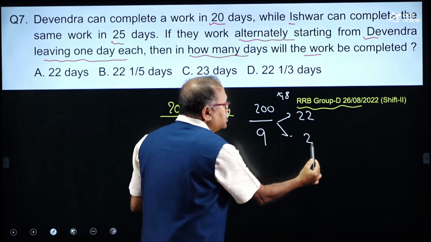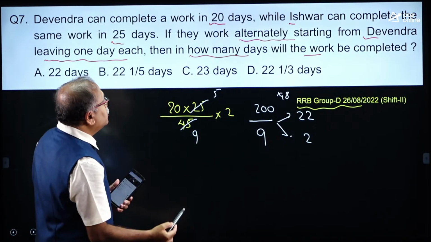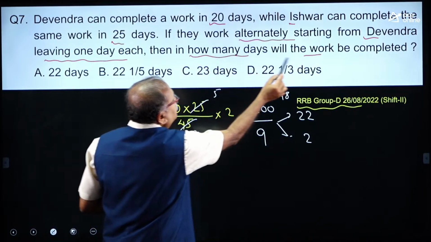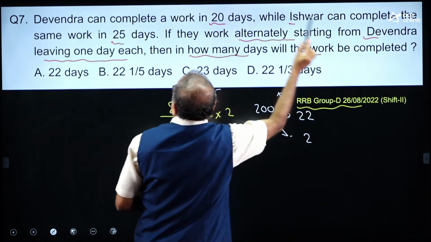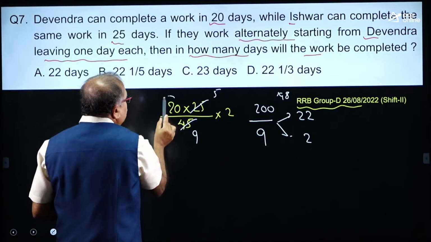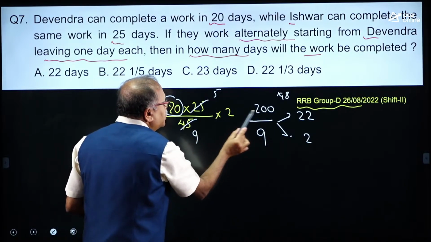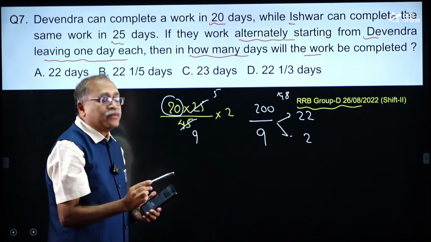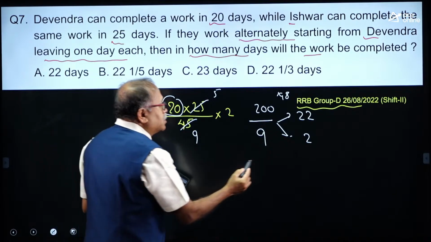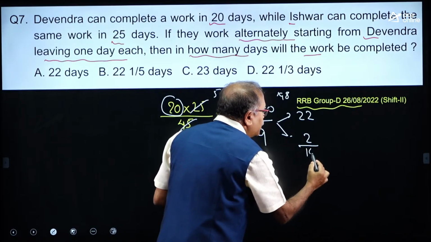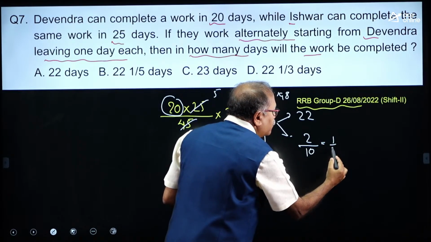That means 2 units are left. And who will do that? Who started the work? Starting from D, and D is the first person. So, 200 divided by 20, you get 10. So, this divided by 10 and you are getting 1 by 5.